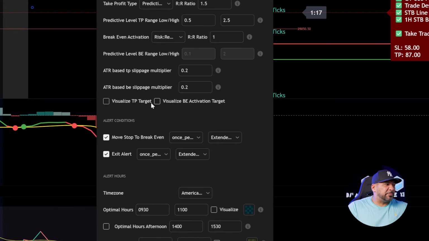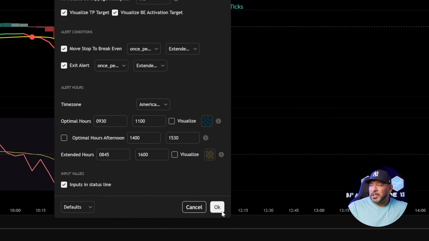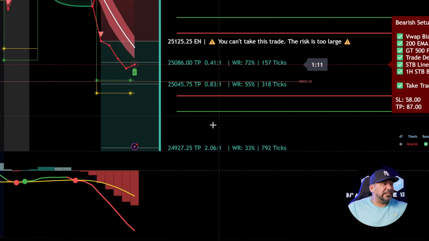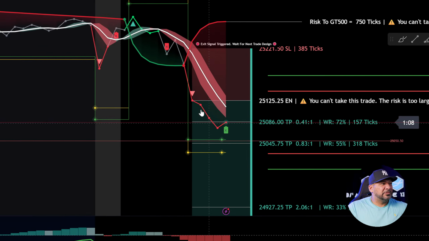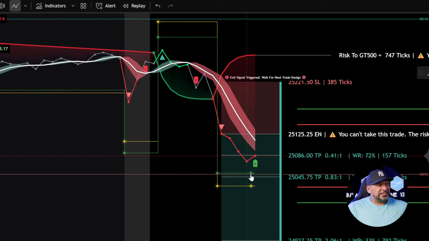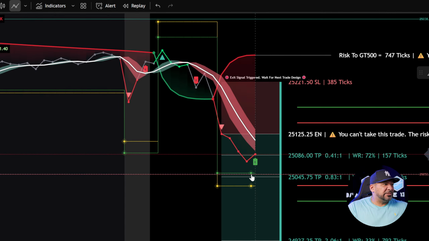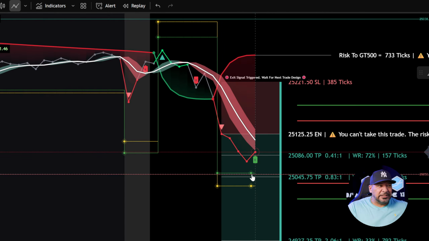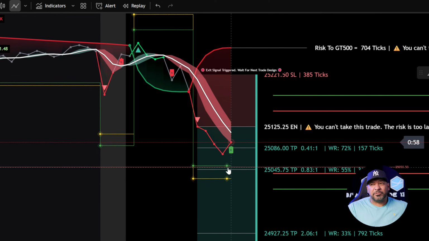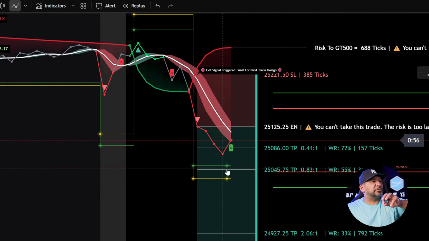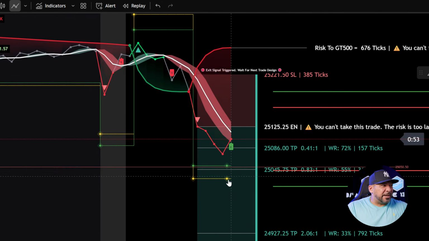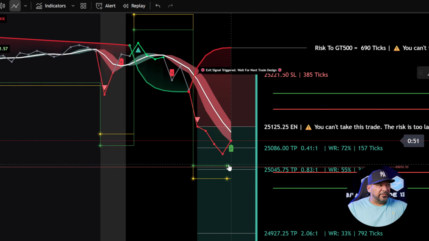Now to visualize the take profit target, this is what it looks like. You can toggle these on, and I'm going to show you. It visualizes a take profit zone based on the fact that I'm setting my take profit from 0.5 all the way up to 2.5, and that actually happens before my break even.